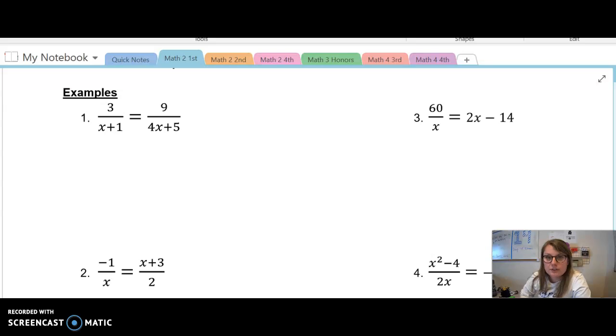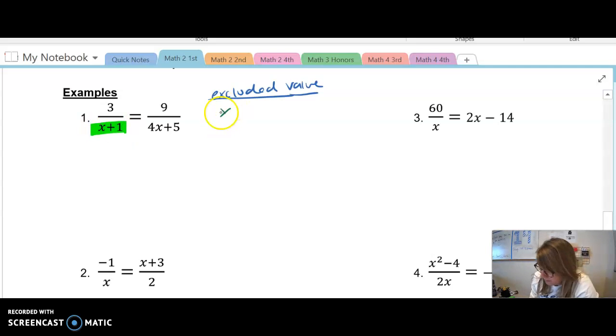First things first, I need to double check for my excluded values. To find my excluded values, I need to find when my denominator would equal 0. We have two denominators to worry about. We have x plus 1, which equals 0 when x equals negative 1.